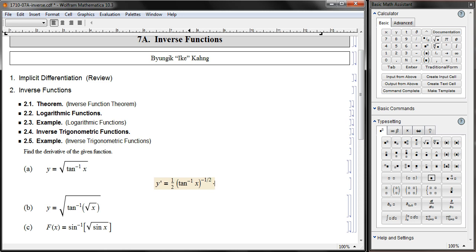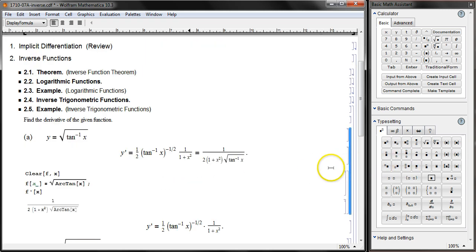And then we multiply by the derivative of the inside. What is the derivative of the inside? You just have to remember the derivative formula for the arctangent function. And that's it. I don't think you have to simplify this any longer, but it is possible to do that. I think in my answer key I did.